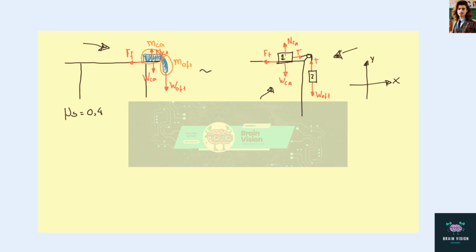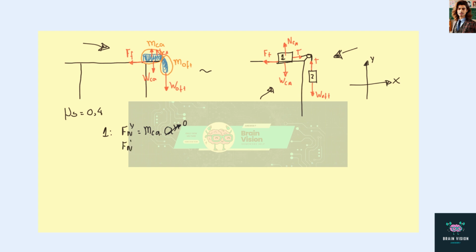By applying Newton's second law to number 1, we get the following. For the vertical axis, the net force in the y direction is equal to the mass m_CA times the acceleration in the y direction, which is equal to 0, because it's lying on the table, it's not moving, and it's not going to move.